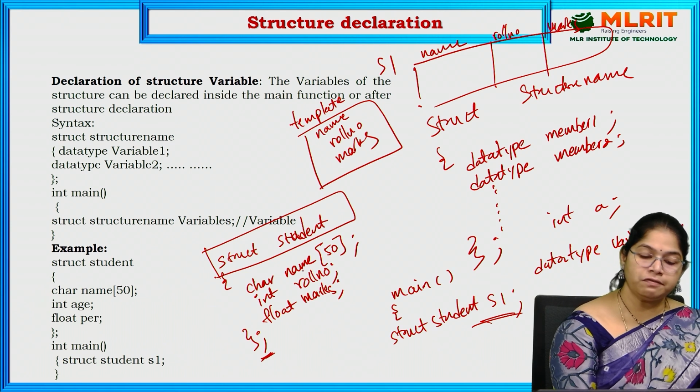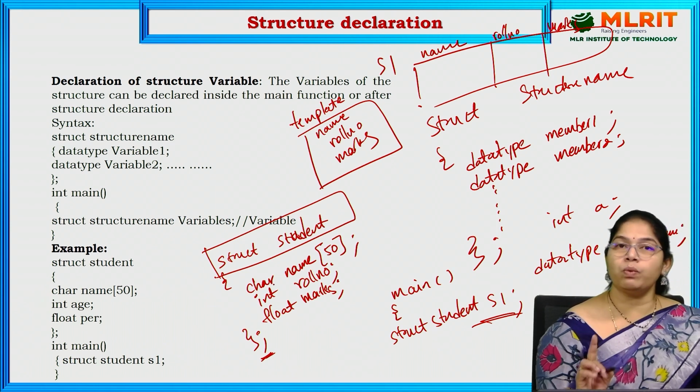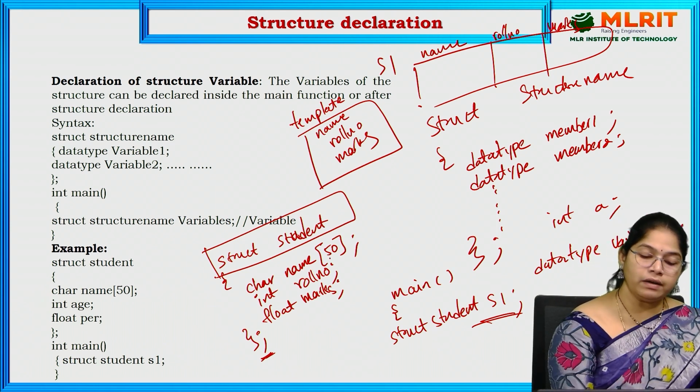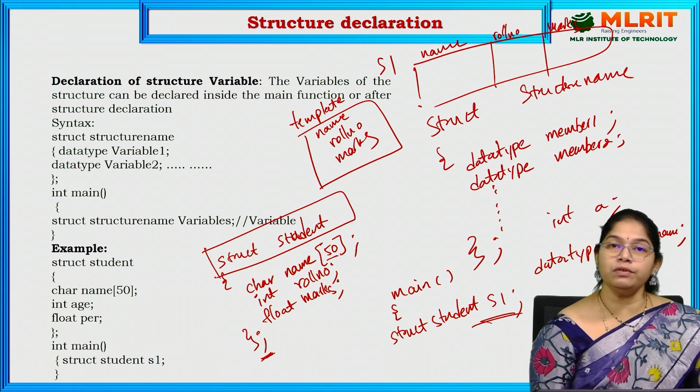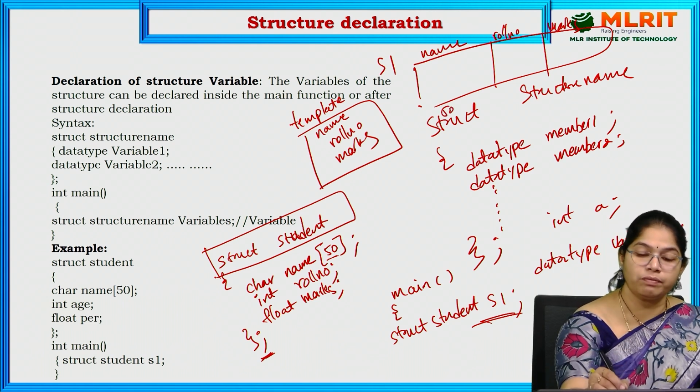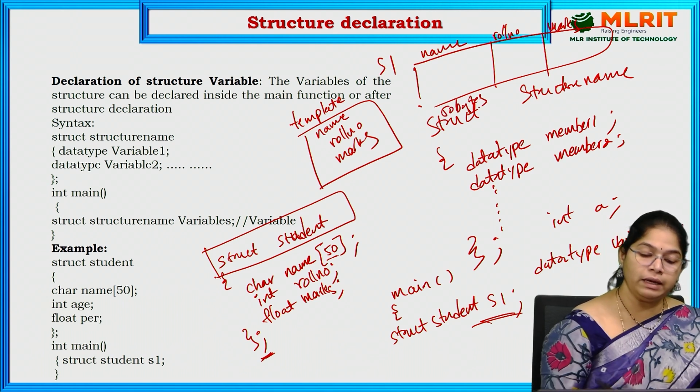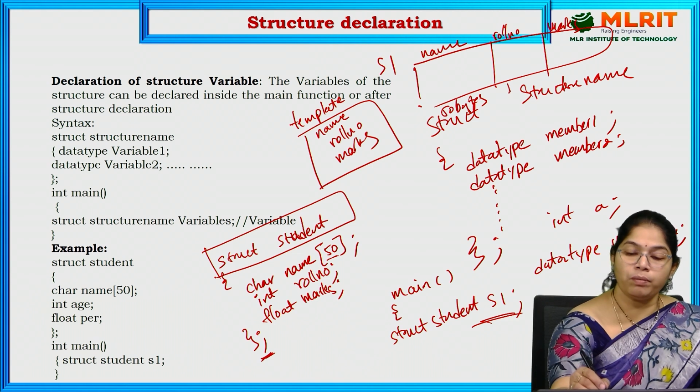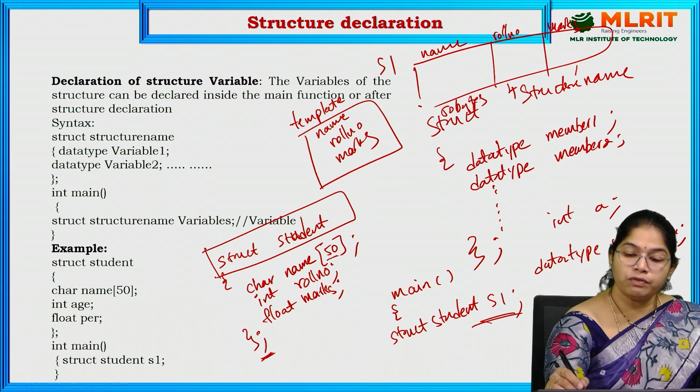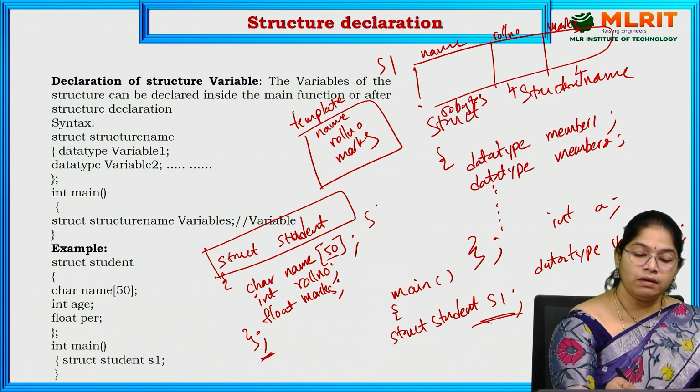Name is of type character, that means 1 byte, but it can take up to 50 characters. So 50 bytes of memory is allocated for the name. Then roll number occupies 4 bytes. Then marks occupies 4 bytes. So in total, the memory given to S1 is 58 bytes.